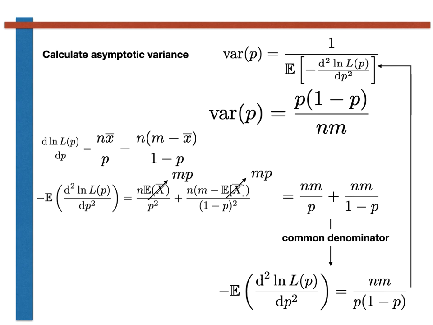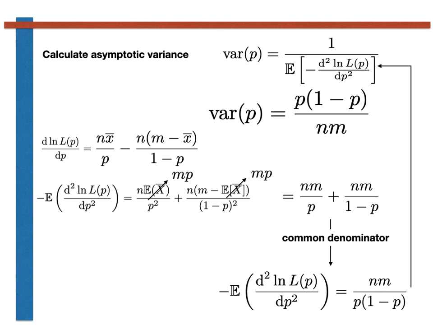Now notice that this estimate of p was calculated by taking the sample mean from n binomial random variables. This sample mean was then divided by the m parameter of the binomial random variable.